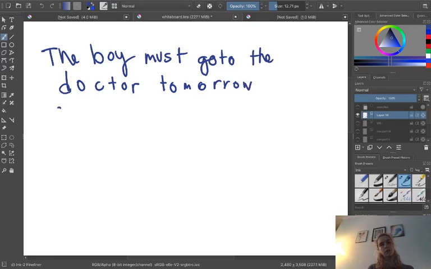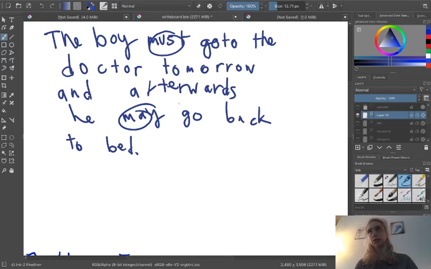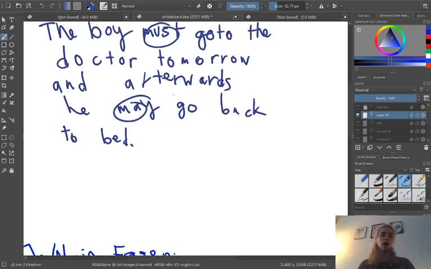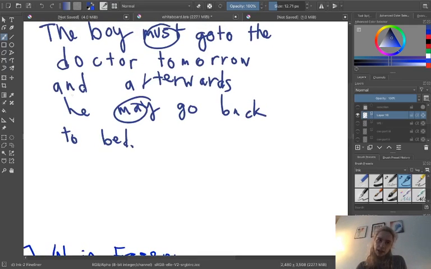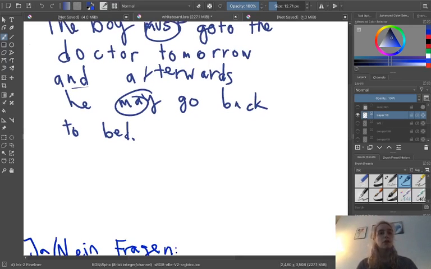And afterwards, the idea of him going to the doctor and then going back to bed, and then a conjunction connecting these clauses. So if we're writing this in German, what that means for our purposes is that we are just going to push the infinitive gehen in the first case to the end of the clause, not the whole sentence.